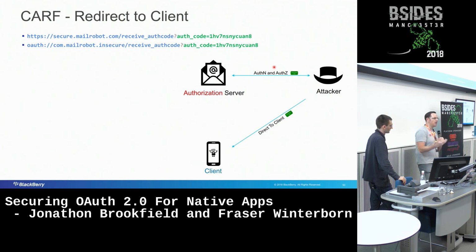So the attacker logs in using their account, and then they capture the authorization code. And then they send the authorization code direct to the client using the redirect URI as shown here.